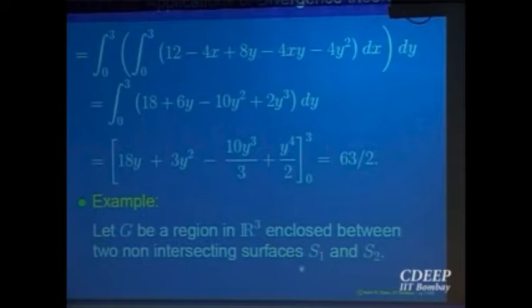So let us look at another example. See, in Green's theorem, if you recall, what was the integrand in Green's theorem? If Pi plus Qj is the vector field, then you had the partial derivative of Q with respect to x minus the partial derivative of P with respect to y, the double integral.